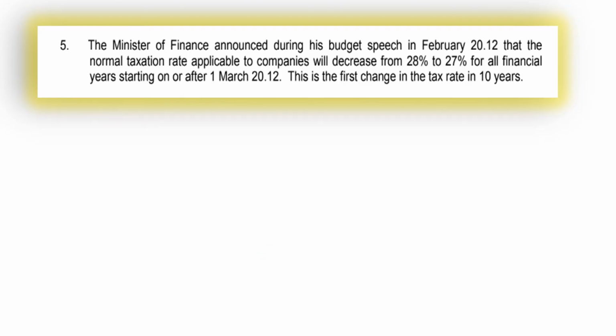The Minister of Finance announced during his budget speech in Feb 2012 that the normal tax rate applicable to companies will decrease from 28% to 27% for all financial years starting on or after 1 March 2012. This is the first change in the tax rate in 10 years. So here you have it, folks.